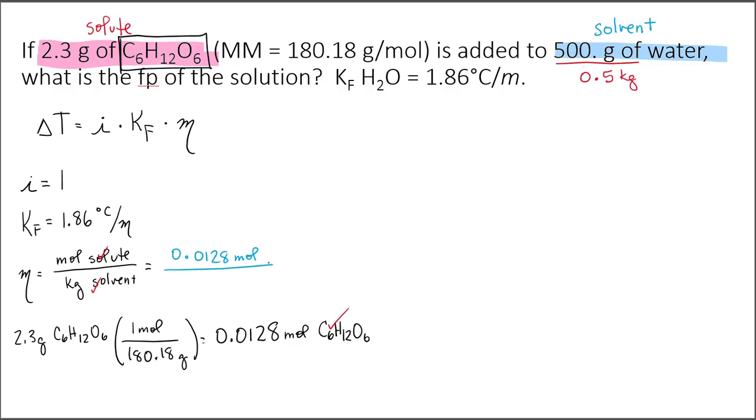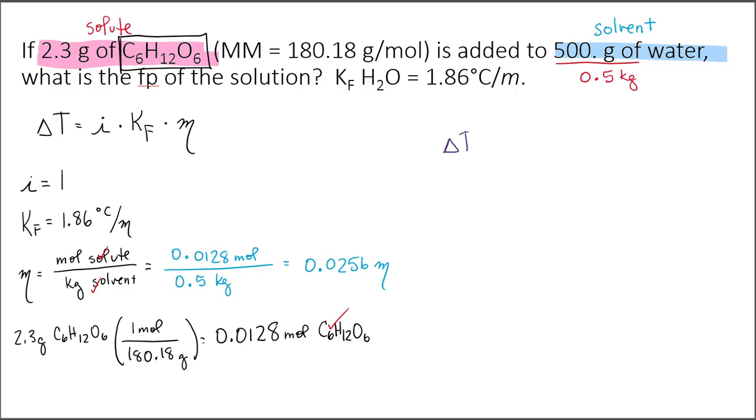We have 0.0128 moles of the solute divided by half a kilogram of the solvent. Oh God, I'm typoing left and right. 0.0128 divided by 0.5 is 0.0256 molal.